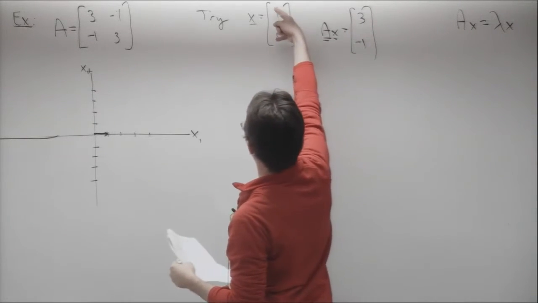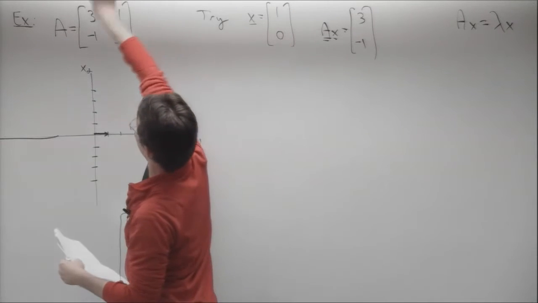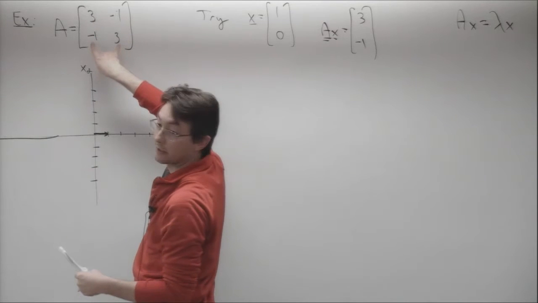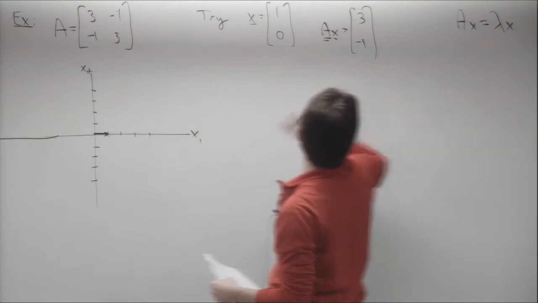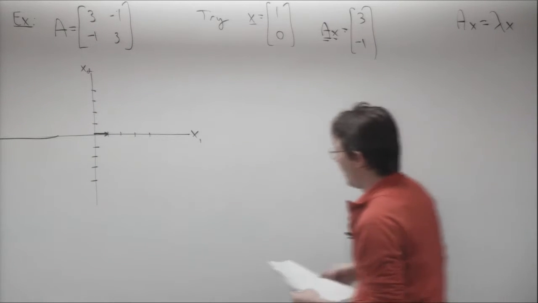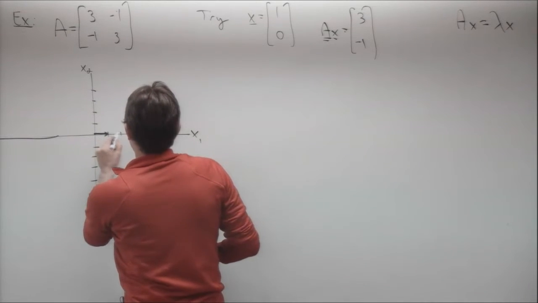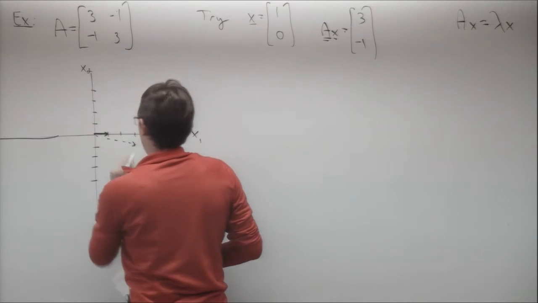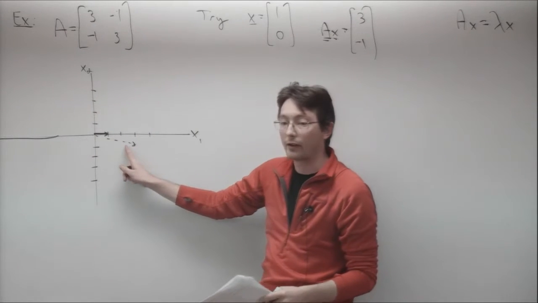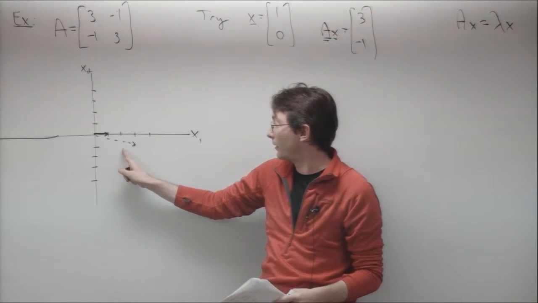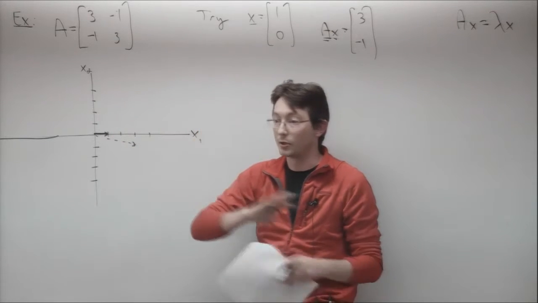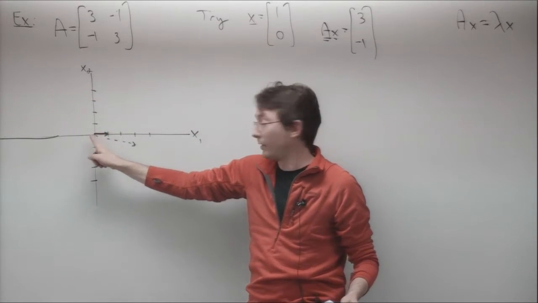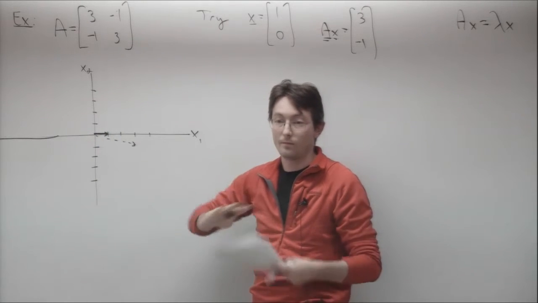I take this column vector, and I rotate it, and I multiply it by the first row vector, add up those numbers, multiply it by the second row vector, add up those numbers. I get 3 and minus 1. So if I draw that, I get 1, 2, 3, minus 1. Okay, so this new vector, A times x, is definitely not just lambda times x. It's in a totally different direction.